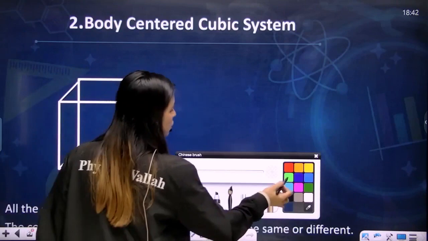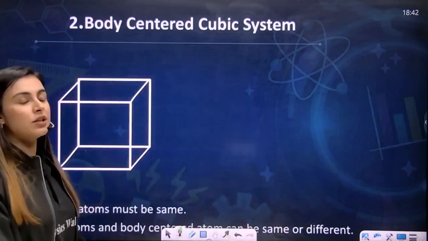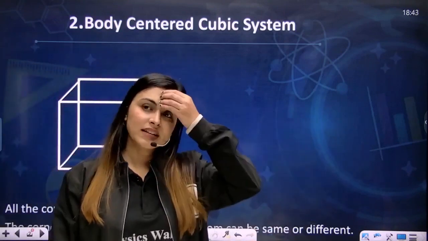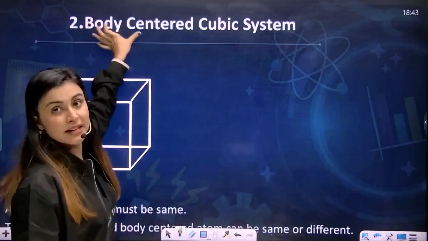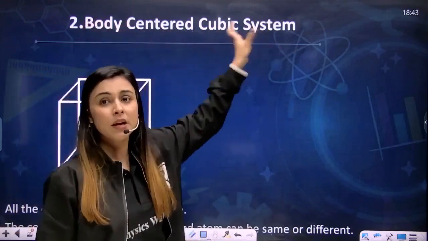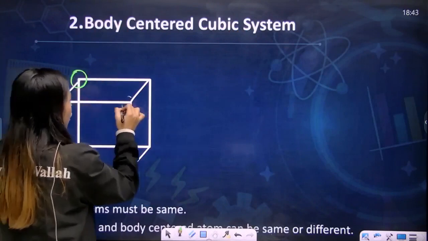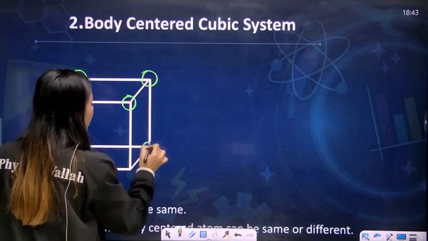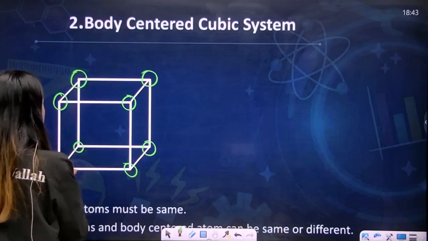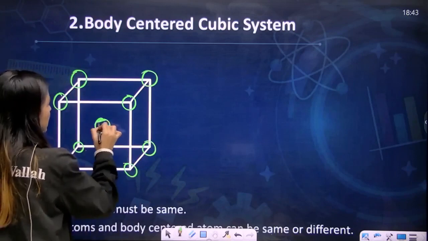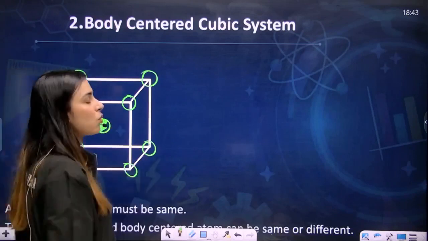Now, my dear students, in a body-centered cubic system, body-centered is the arrangement and this is the crystal system. Body-centered means you have atoms present at the corners and also you have an atom present at the center of your body. So this is the body center where an atom is also present.